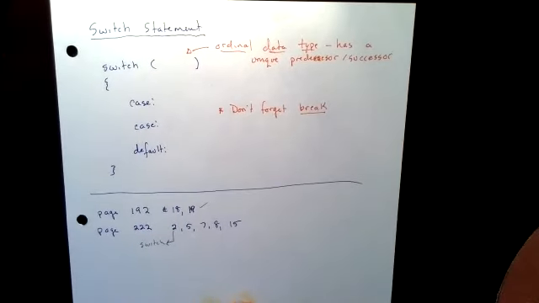Still moving along with decision statements, we started to get cleaner ways of writing things with if, nested ifs, and if-elses. Finally, we ended up with the switch statement. You're going, okay, I kind of remember the switch statement.